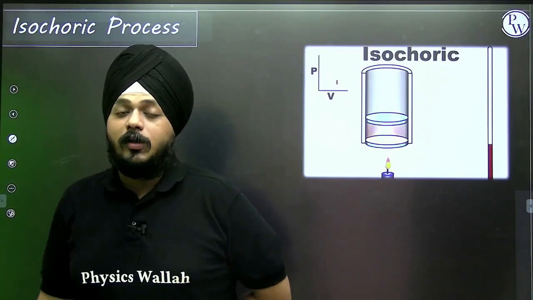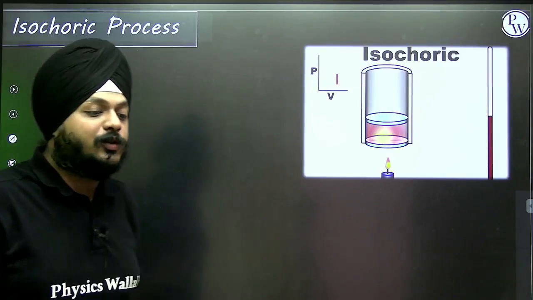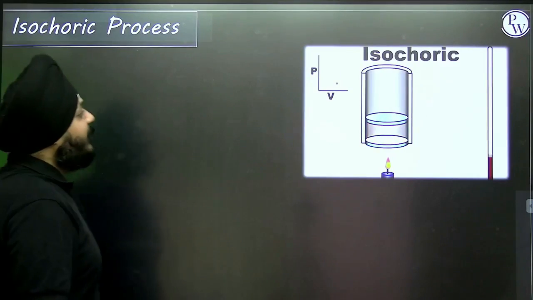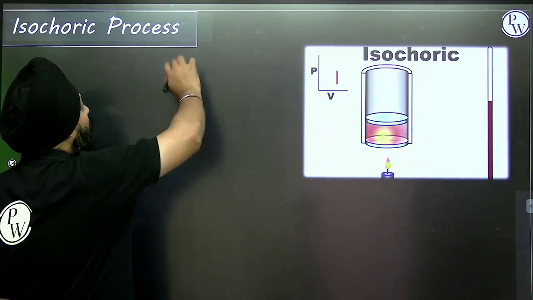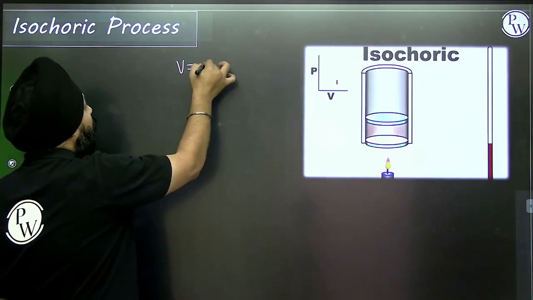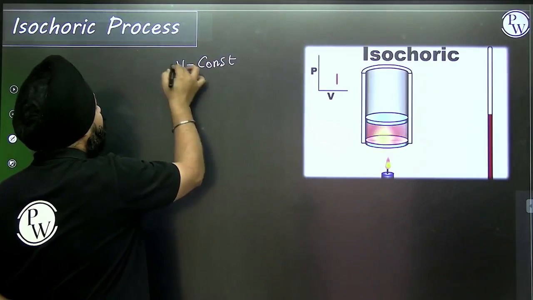Now let's move on to the third type of thermodynamic process, that is isochoric process. In isochoric process, the volume of the system is kept constant.